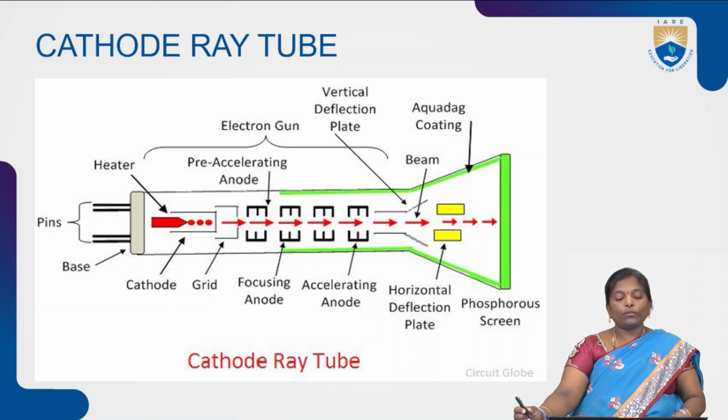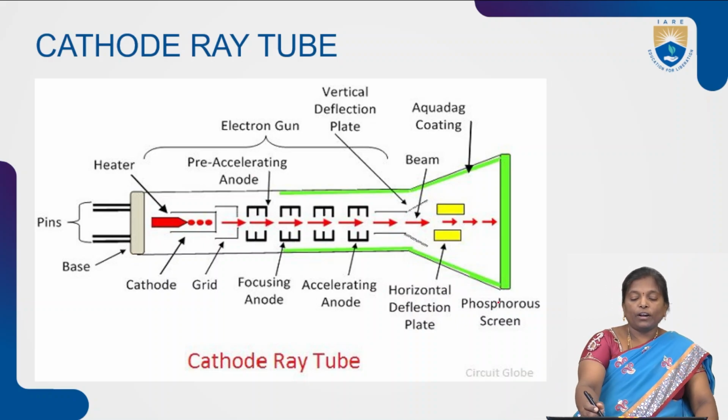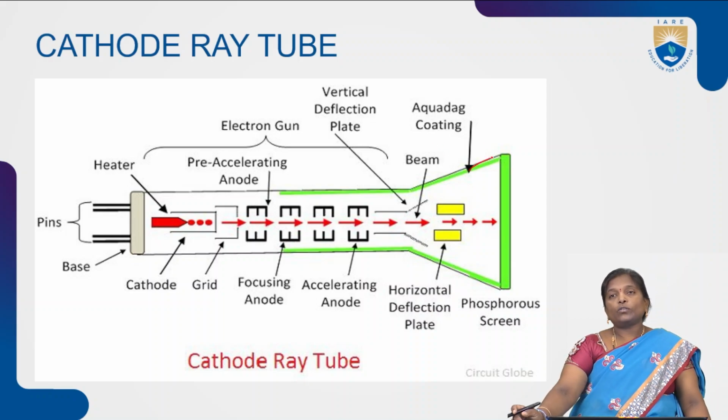We have three anodes: focusing, accelerating and pre-accelerating anodes. And we have the phosphorus screen. This phosphorus screen is coated with an aquadag coating. As it is coated with this aquadag coating, we can view the output waveform on the CRT screen for a certain time.